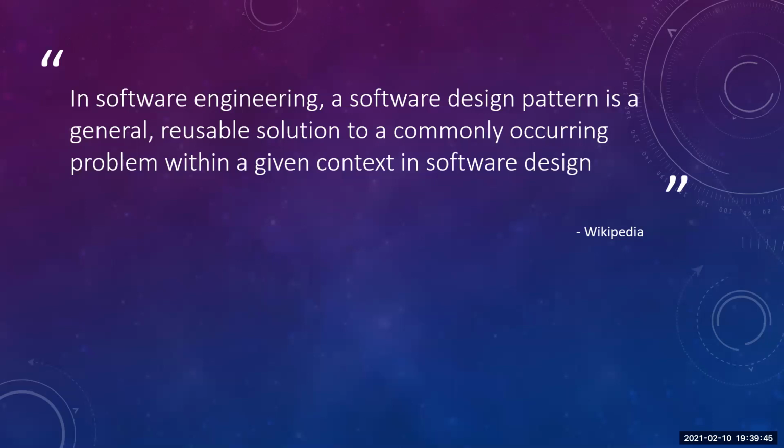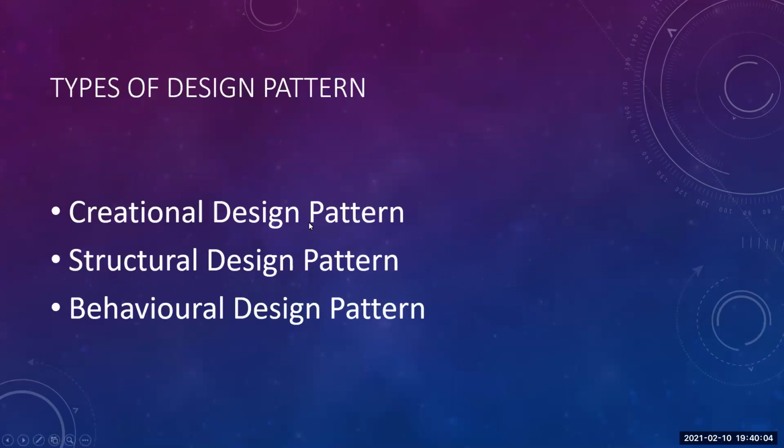So that's the reason we need some of the best practices that we are aware of at the moment. So let's go ahead. And I think somewhere around we have 20 to 23 predefined standard design patterns. Okay, and they are broadly classified into three categories. That is creational design pattern, structural design pattern, behavioral design pattern.